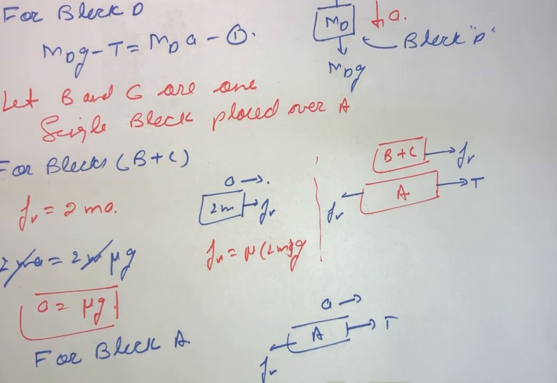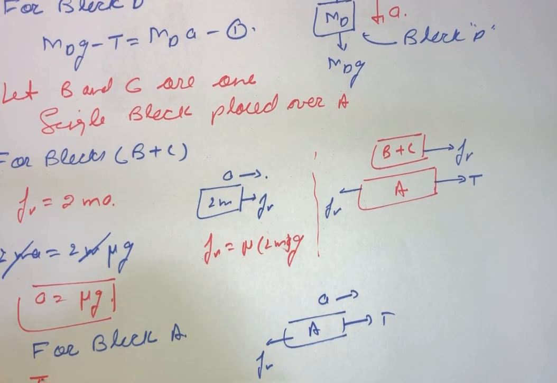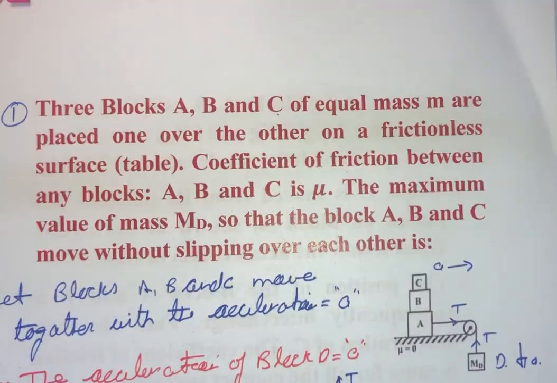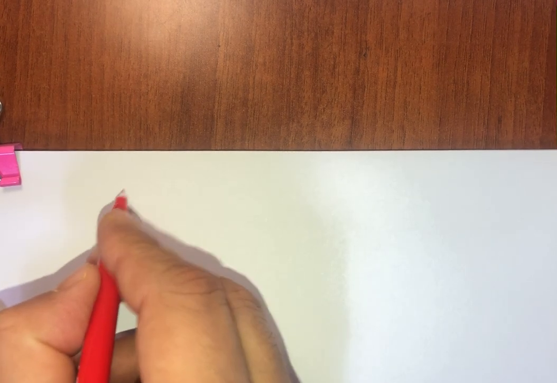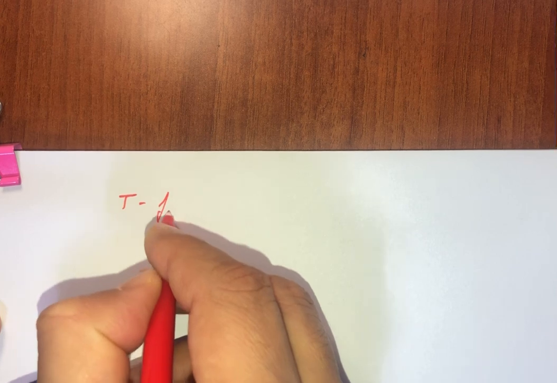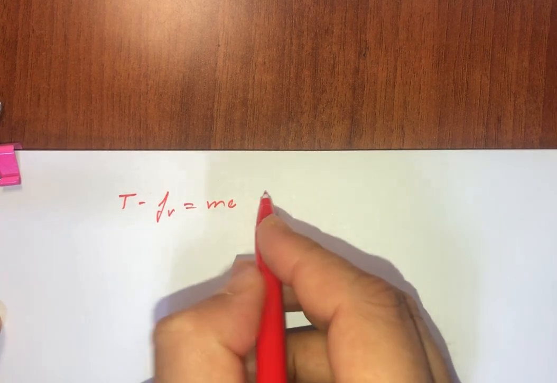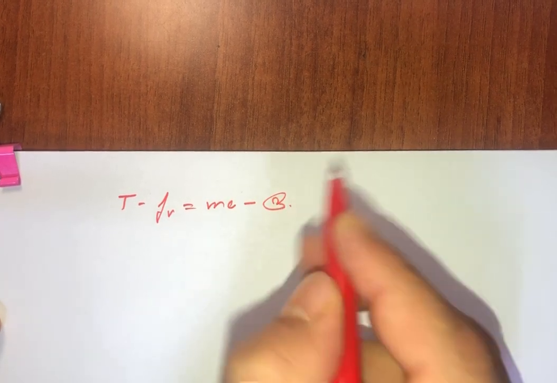So we can write the equation as T minus Fr is equal to, mass is given as m, ma. Let us call this equation number 2.